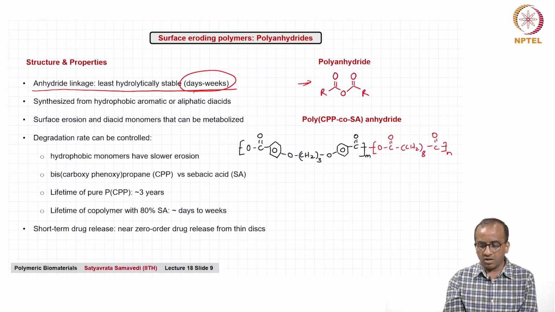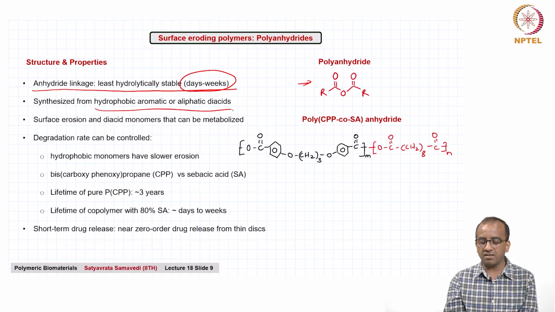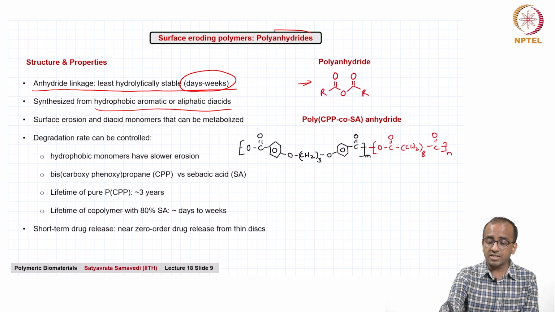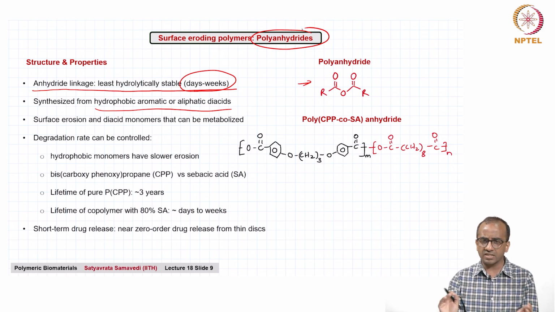Typically polyanhydrides are synthesized from hydrophobic aromatic or aliphatic diacids. And note that polyanhydrides, the name itself indicates a family of polymers, and depending on what the individual monomers are, you can get a series of different types of polyanhydrides with slightly different properties.